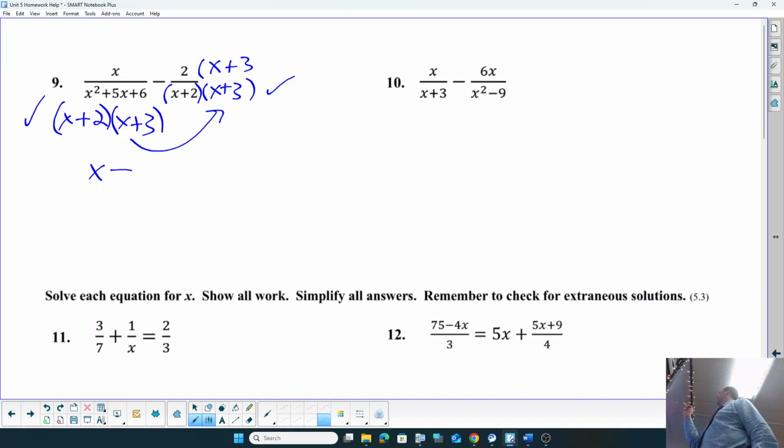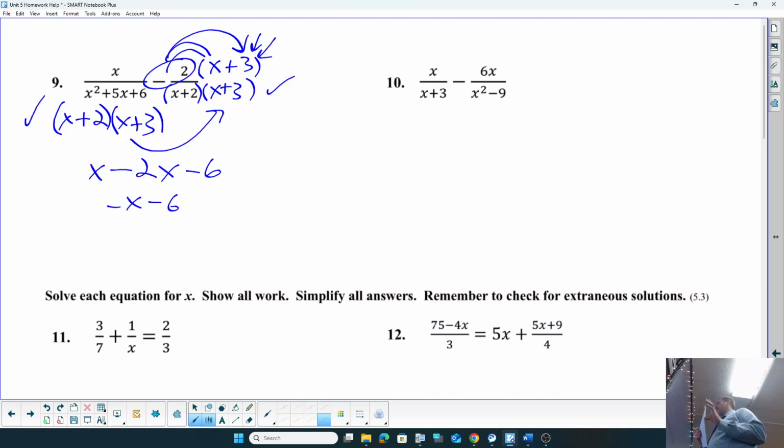So x minus, distribute that negative 2 through there. Negative 2 times x is a negative 2x, negative 2 times 3 is a negative 6, and x minus 2x is a negative x. So we get negative x minus 6 all over x plus 2 and x plus 3.